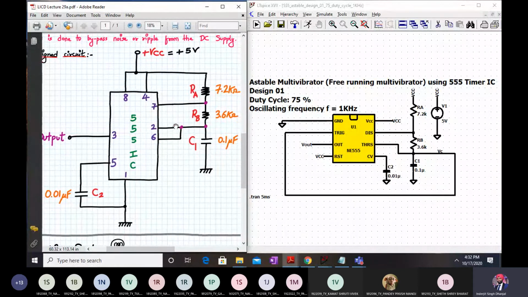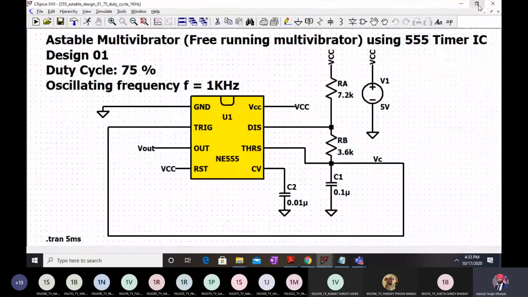As you can see, both diagrams are pretty much similar. This one is in IC form, with pins 1, 2, 3, 4, 5, 6, 7, 8, where the arrangement is fixed, and here we have shuffled the bits. Only that much difference is there. Rest everything is absolutely the same. Now RA is 7.2 kilo ohm, RB is 3.6 kilo ohm, and C1 is 0.1 microfarad.